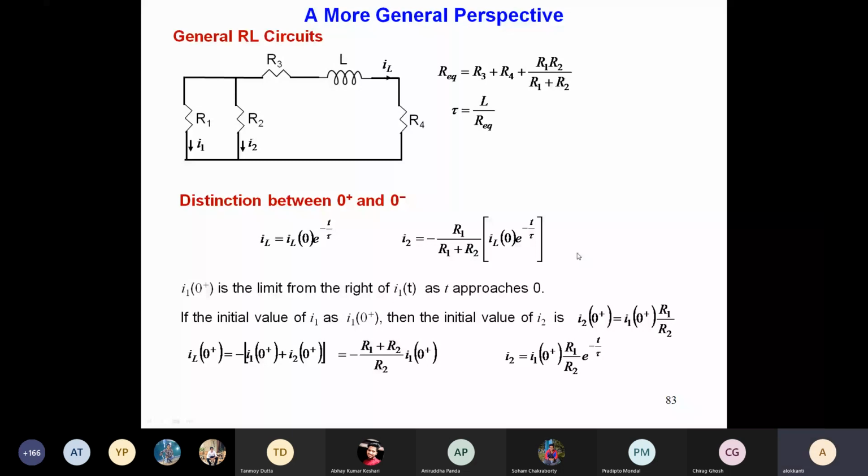Excuse me, sir. If there is an inductor connected between R2 and R4, then across which terminals do we have to calculate the R equivalent? If it is connected across R2 and R4, is R3 and L also present or absent?